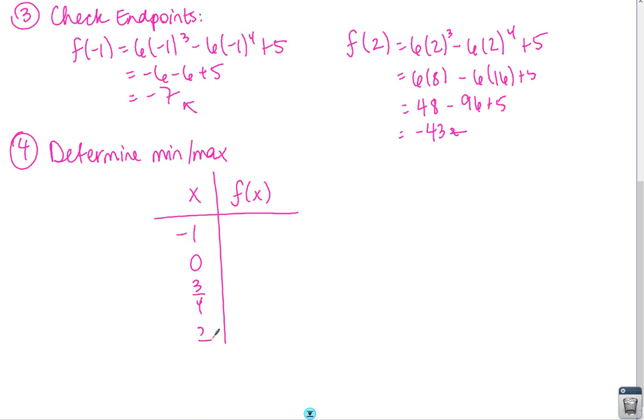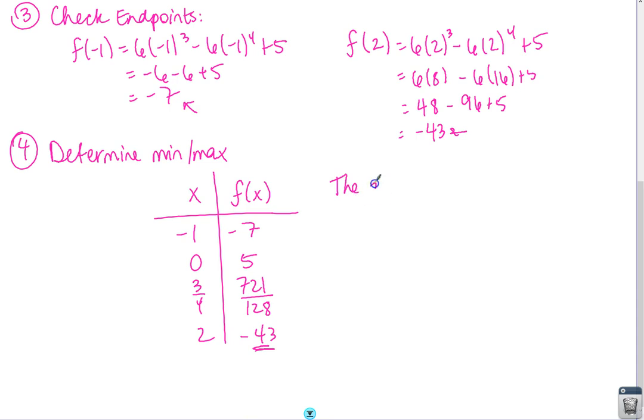At -1, my y value was -7. At 0, it was 5. This is 721 over 128. And then this is -43. So just by looking at this, what is the absolute minimum? Ding, ding, ding, right here.